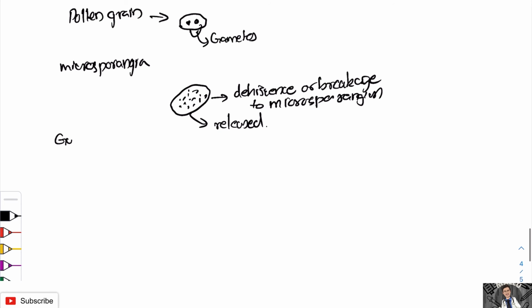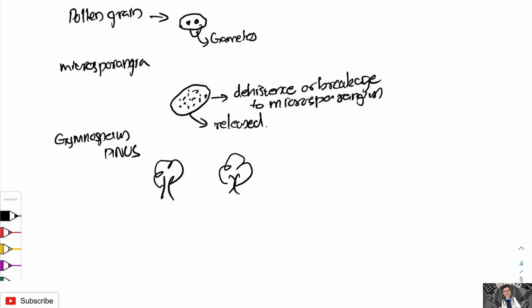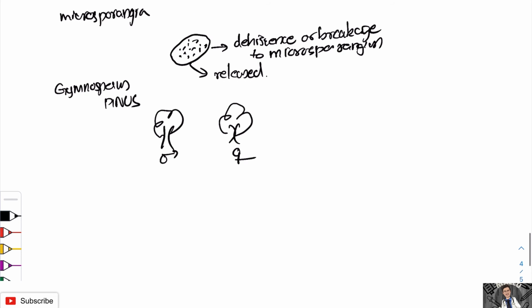Consider a gymnosperm. Pinus is one of the gymnosperms. So we have male Pinus and female Pinus. This is male and we have female. So in one of its leaves, what do we have? Microsporangia.